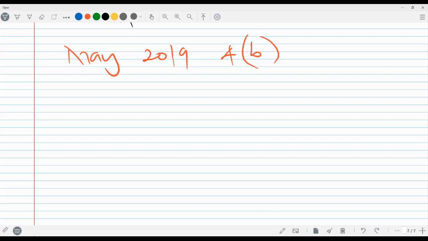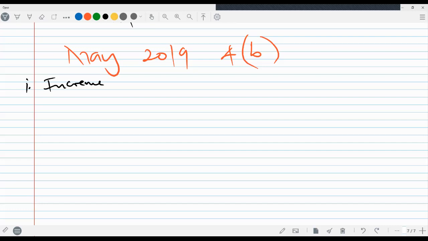So don't forget, we are going to be evaluating the new machine on an incremental basis, always. In any case of appraisal, that's what we do. So we can determine the incremental profit before depreciation and tax for those 10 years. That can be our first working.